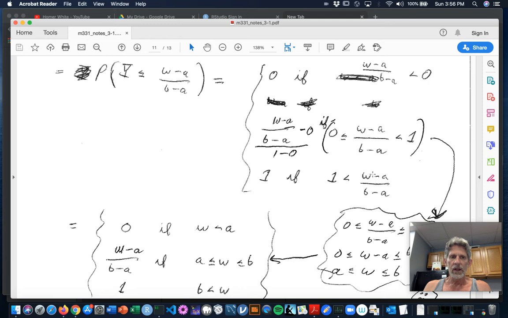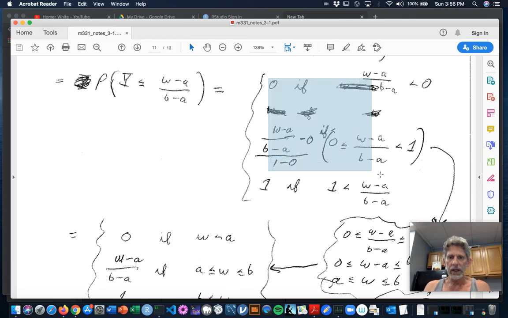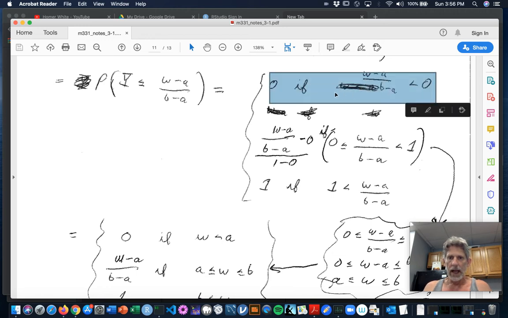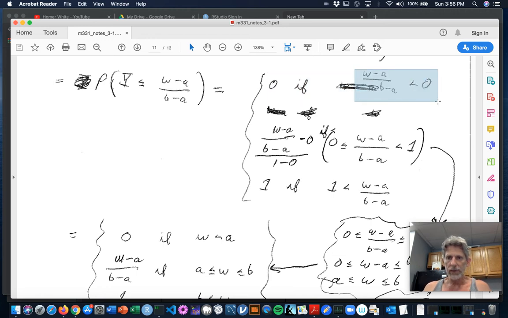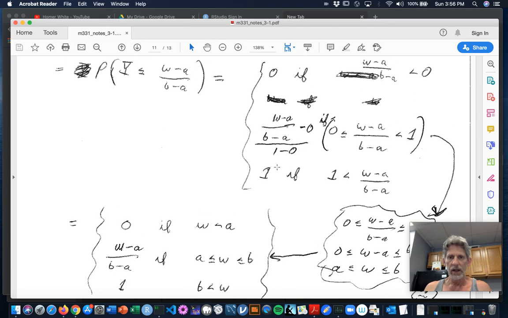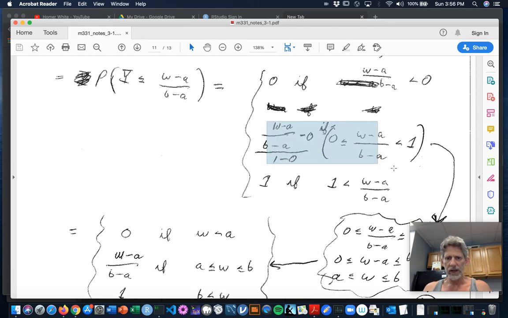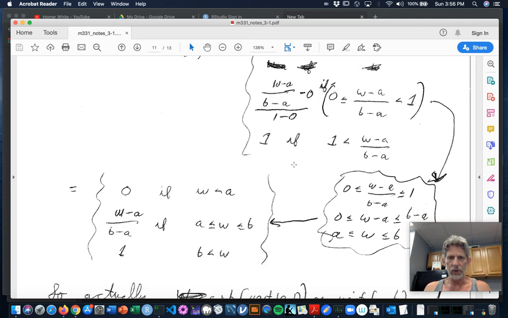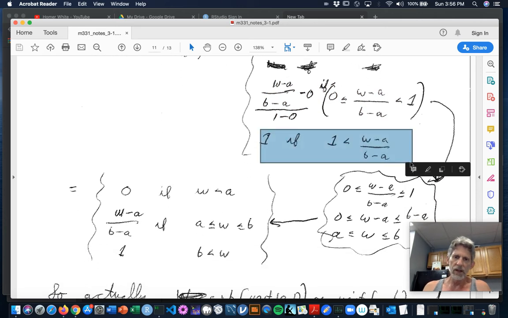So I've got this complicated thing, and I just want to rework it a little bit. Now, the first bit, I multiply both sides by b minus a, and I'll still have w minus a less than 0. So that first bit goes to this. Now, the second bit's awful, so let me procrastinate and do the third bit.